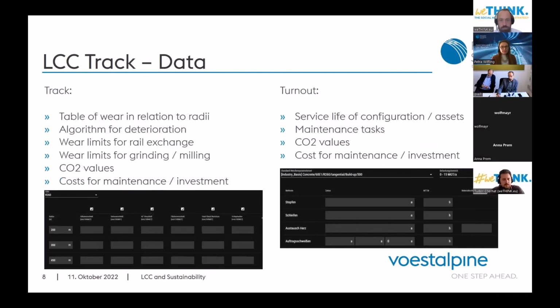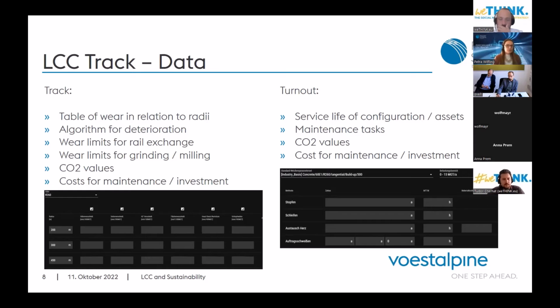To compare those strategies, of course, it's necessary that the tool has a database behind it. So behind the interface, we have a database for track and for turnout. For track, we have a table of wear in relation to radii and the steel grade, like you can see below.